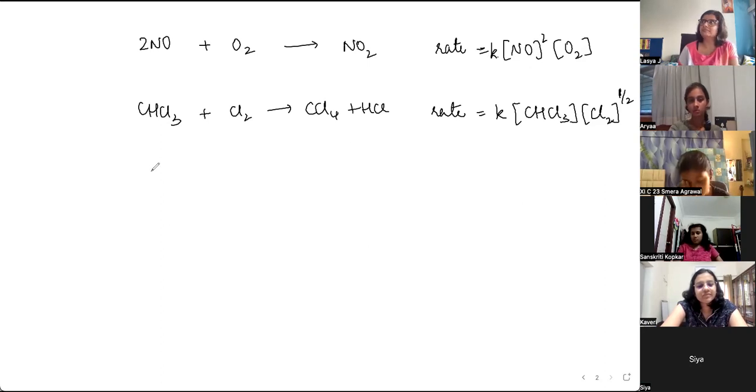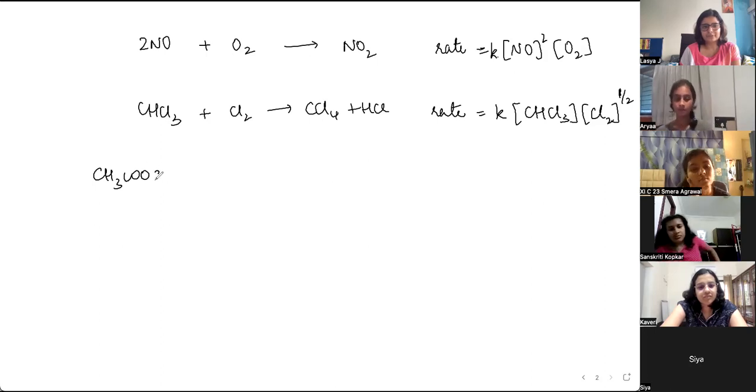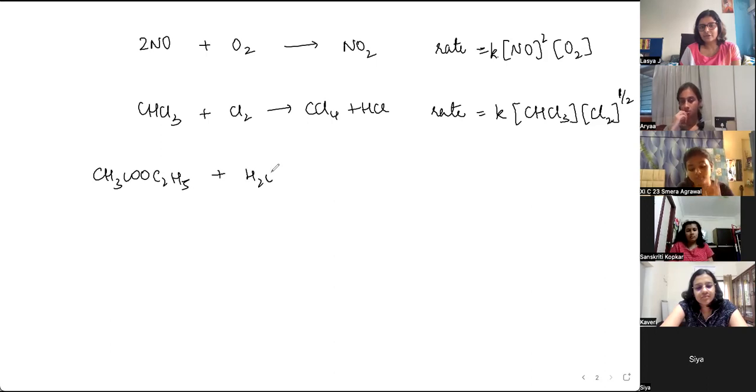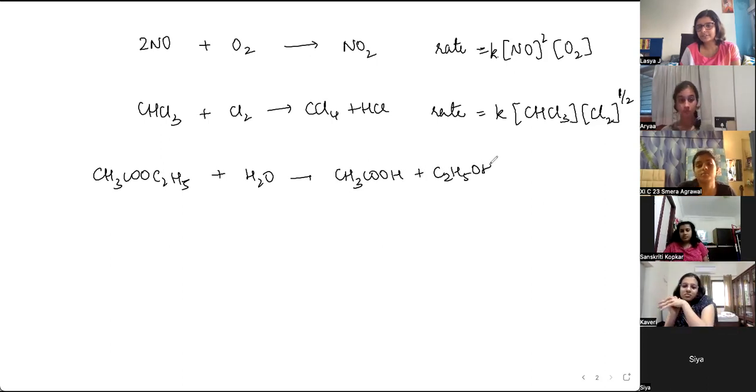Even the opposite of the esterification reaction: when an ester, CH3COOC2H5, in the presence of water, breaks down into its corresponding acid and alcohol. This is the opposite of esterification, the hydrolysis of esters.